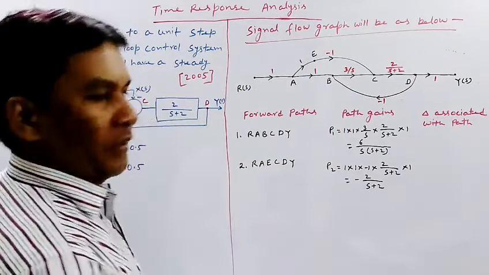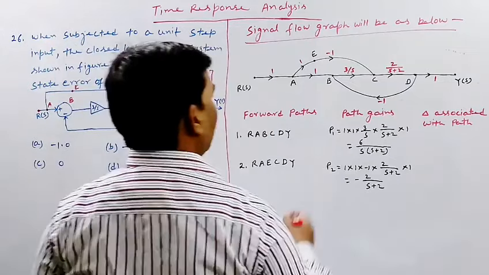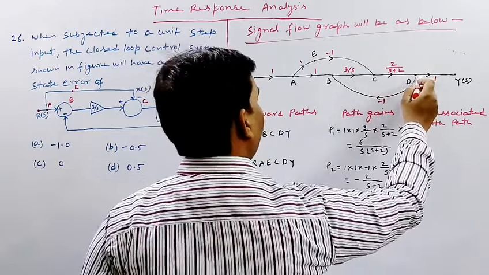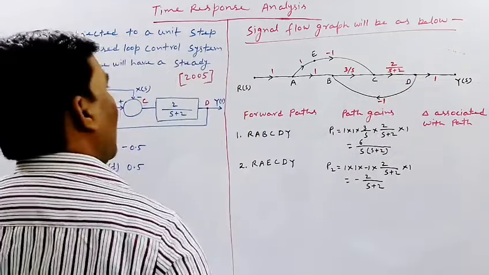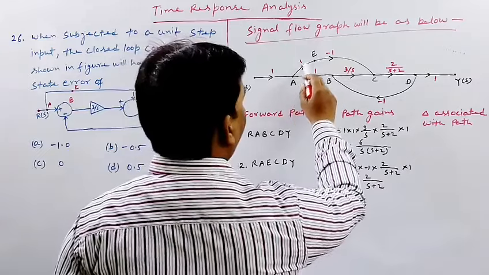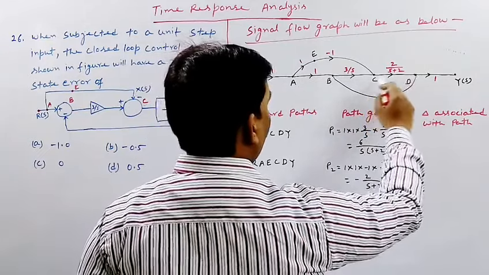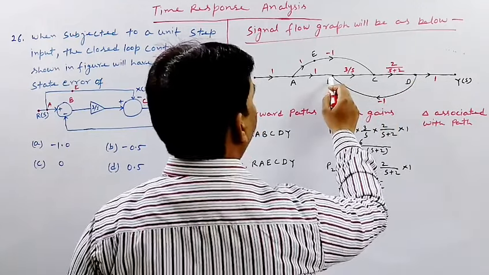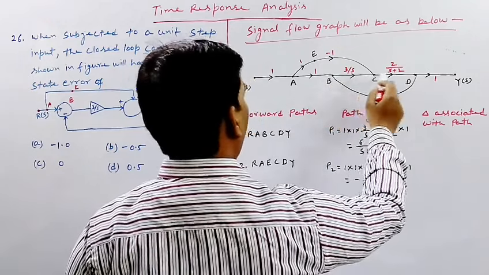Now what are the loops? Let us see the loops. The first loop is this one, D B C D. Let us see whether any other loop exists or not. So A E C D B, and again this will not be a loop.